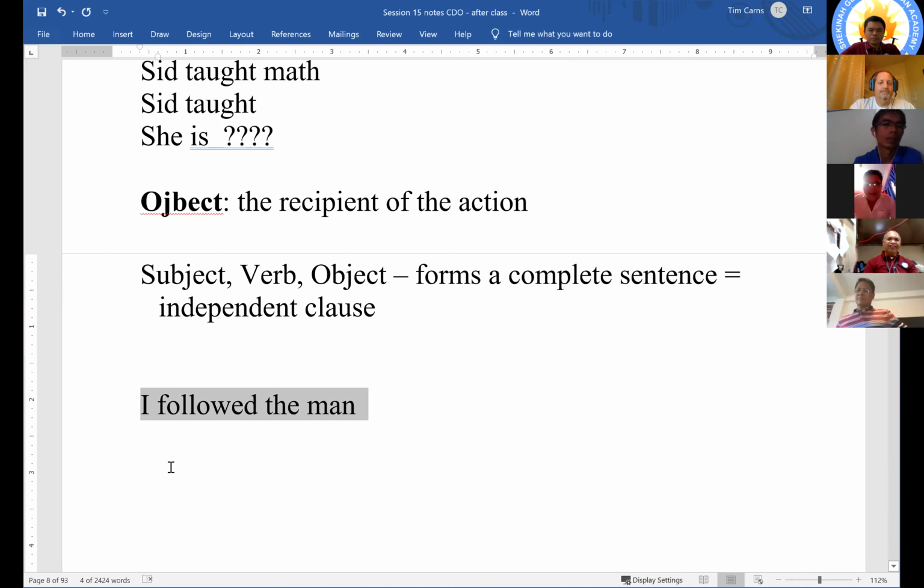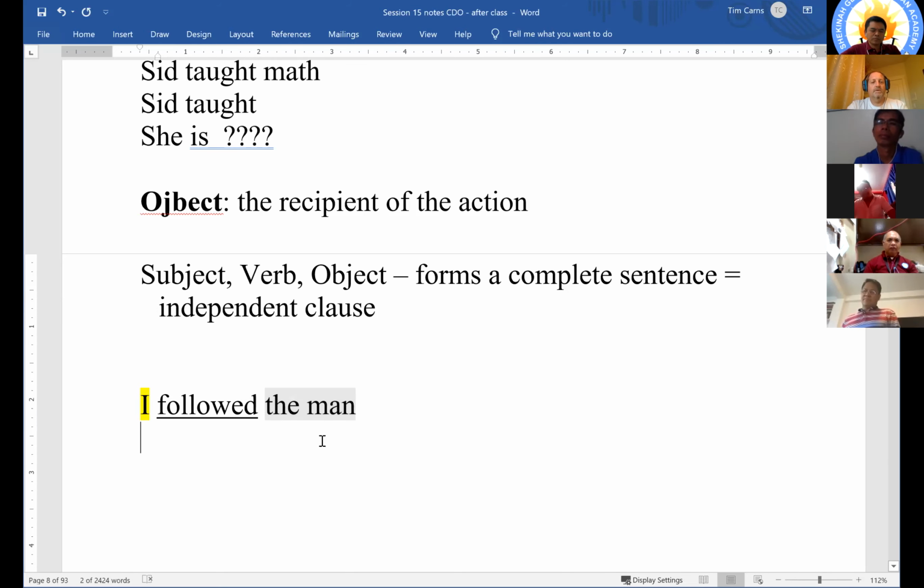What's the verb? Followed, right? I'll underline that. What's the subject? Who's doing the action? I. Yeah, I is, right? Good. And then the object is the man. That's the thing receiving the action.